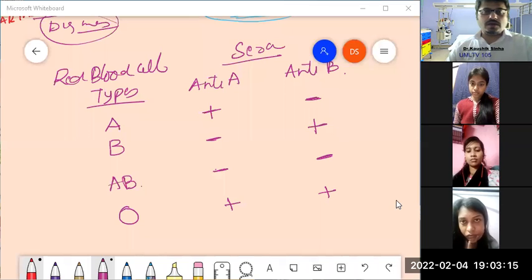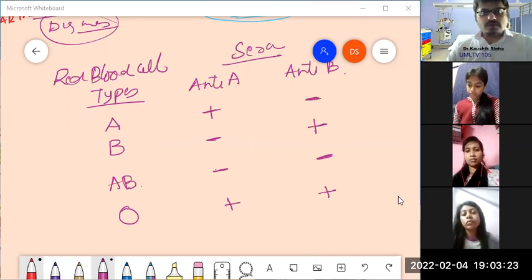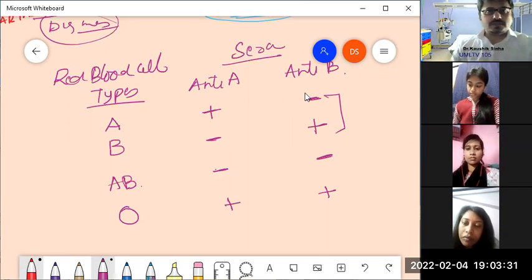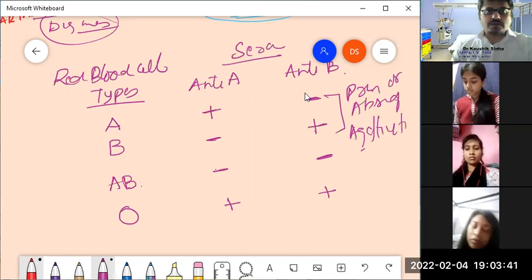Actually, the two things I showed, on the first two rows, these symbols here represent the presence or absence of agglutination.